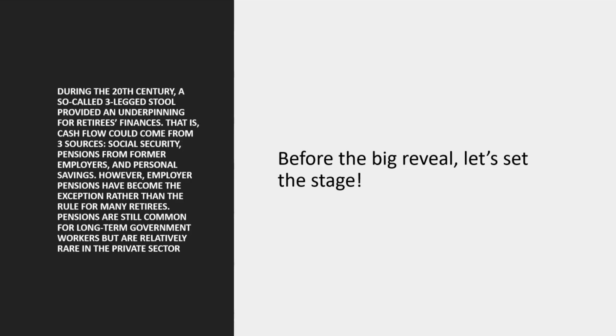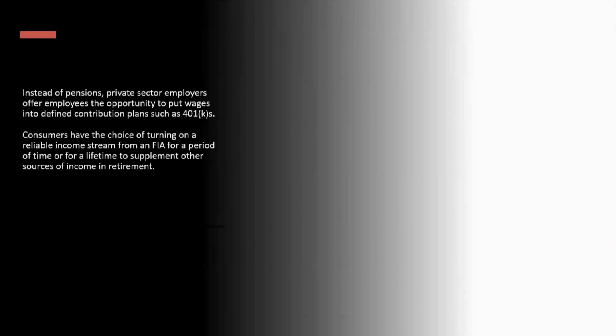Pensions are still common for long-term government workers, but are relatively rare in the private sector. But those government employees are also the ones buying the bigger personal pensions to supplement what they have. So instead of pensions, private sector employers offer employees the opportunity to put wages into defined contribution plans such as 401ks. I want to call them 401 maybes.